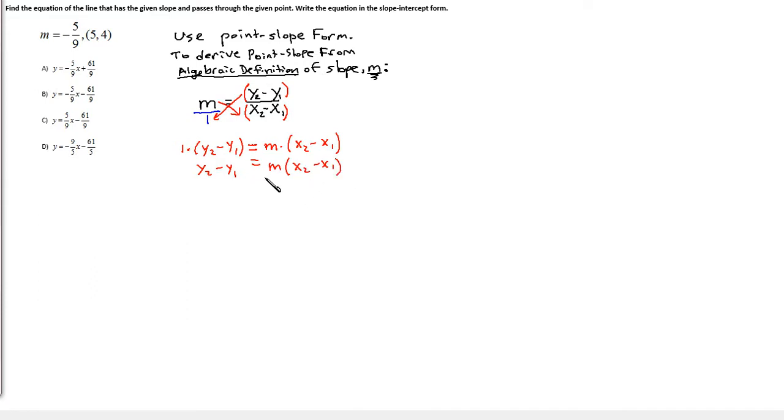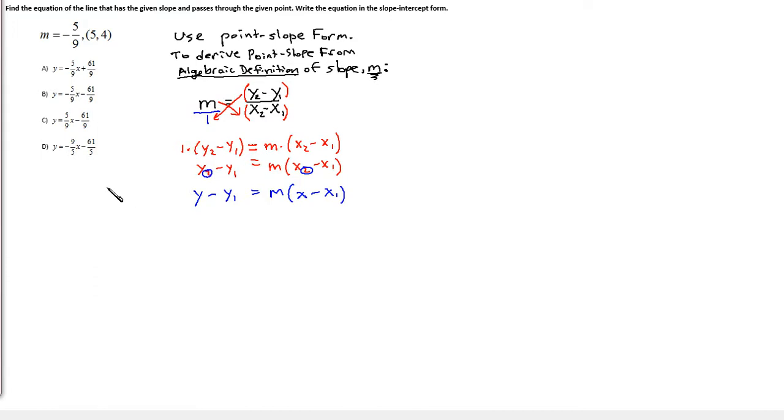At this point in our derivation, we're going to take the subscripts of 2, see these subscripts of 2, and just erase them so that we get this. Maybe we'll write the whole thing in blue. y minus y1 equals m times x minus x1.